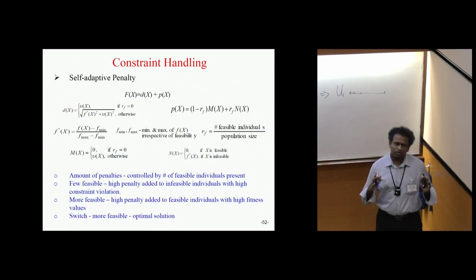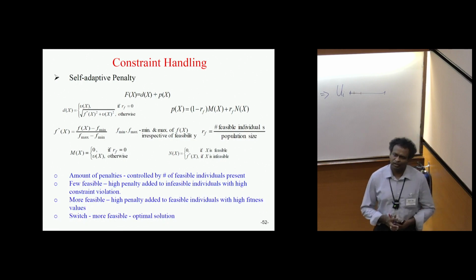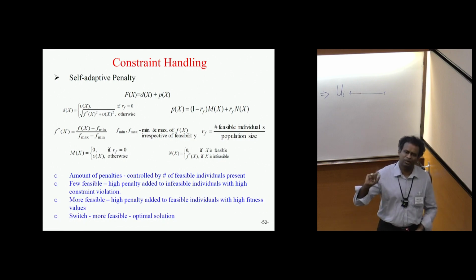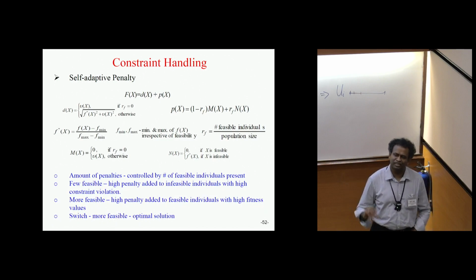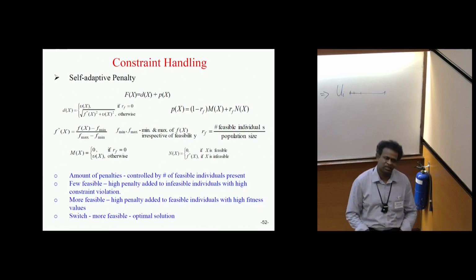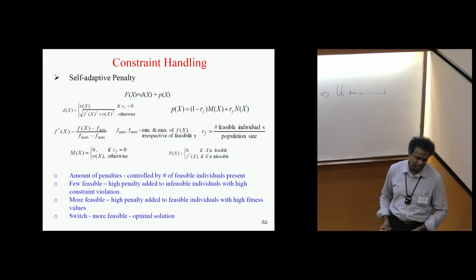When you do constraint optimization, your first objective is to have a feasible solution. If you don't have a feasible solution, then you have no solution at all. That is the answer. So, your first objective is to find at least one or two feasible solutions. Then you can say this solution is feasible, satisfying all the constraints.